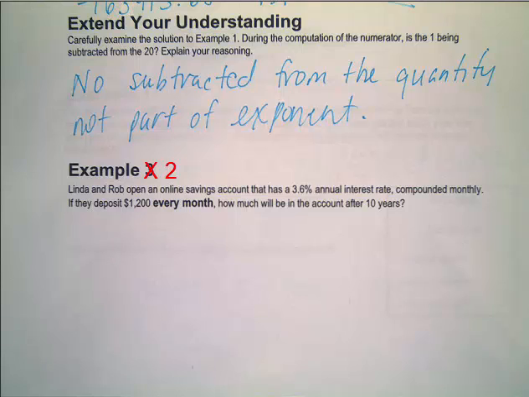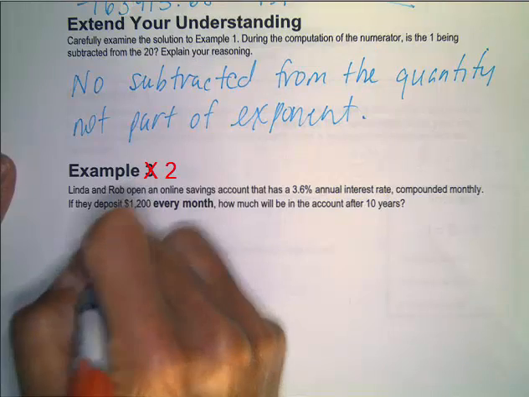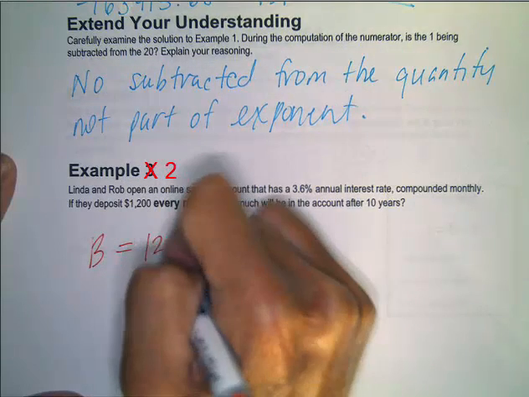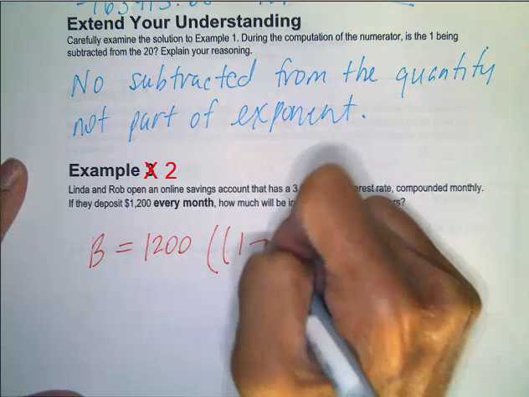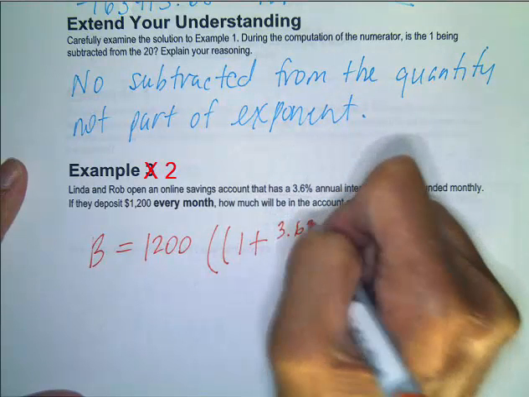Linda and Rob open an online savings account that has a 3.6% annual interest rate, compounded monthly. If they deposit $1,200 every month, how much will be in the account after 10 years? All right, so B equals 1,200, double parenthesis, 1 plus 3.6%.